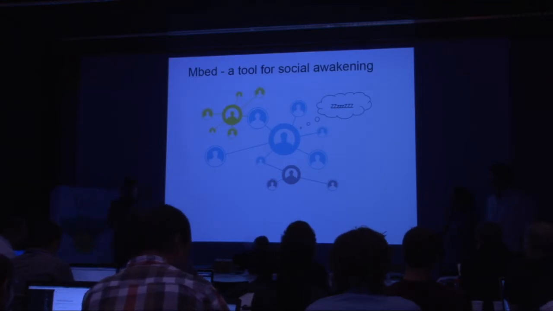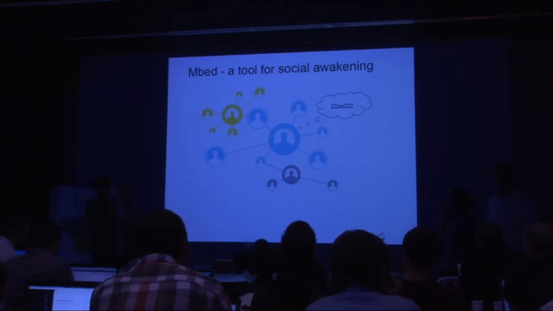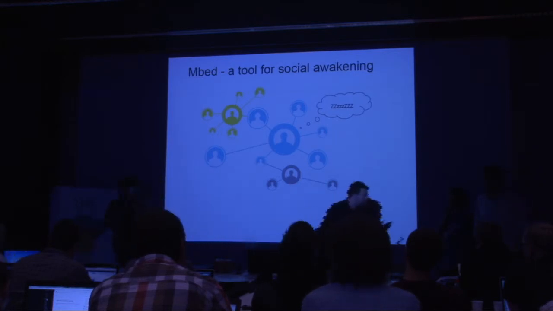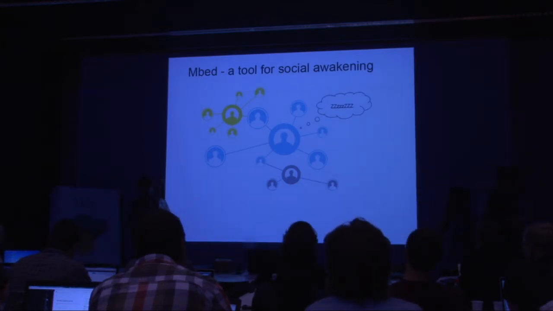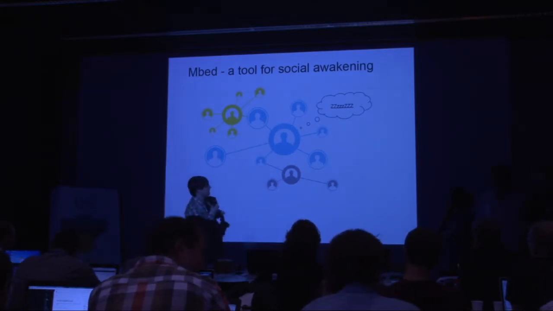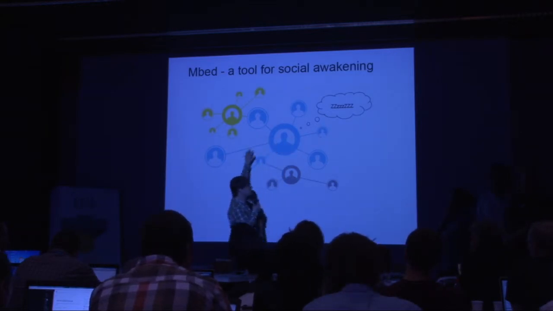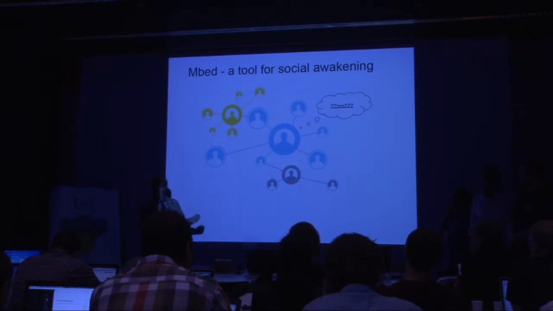We also have a second scenario, which is a bit more nasty, and we like it a bit more, actually. It might be you're a lazy, sleepy person, and your alarm goes off, and you like to snooze and sleep a bit more. So what will happen if you snooze? Our device will select some people in your nearest circle and trigger their alarm, so that you have some social pressure to get up and not snooze.